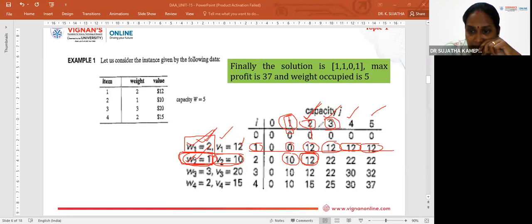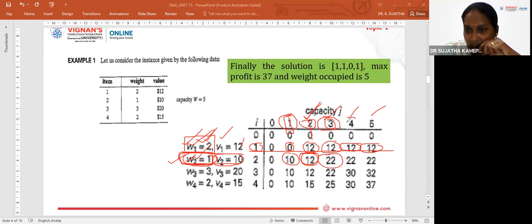And coming to this capacity, here the capacity is 3. Now the weight of the first object is 2 and the weight of the second object is 1. So total weight is 3. I can place both the objects in this capacity. So that's why I can earn the profit of the first object as well as the second object. So the total profit becomes 22.